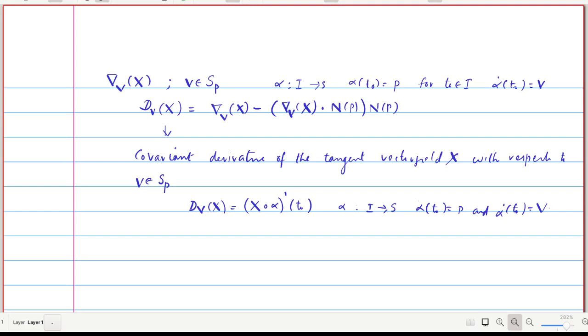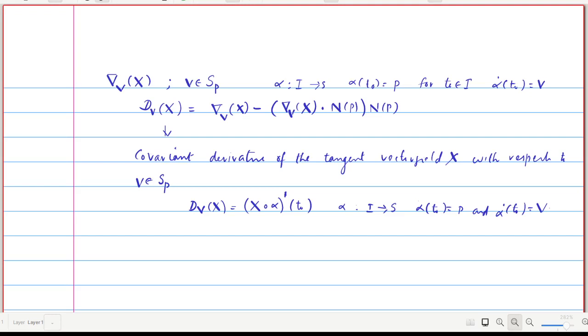This is what we call the covariant differentiation of the tangent vector field x along the vector v in Sp. In fact, this is the tangential component of the usual derivative del v x.